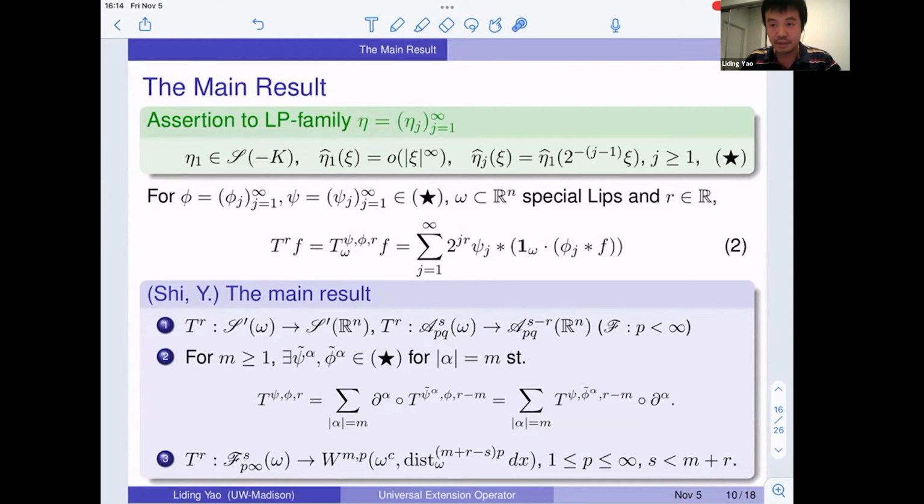And the last one is the smoothing estimate. The quantitative smoothing estimate: we start with a kind of F^s_{p,infinity} space. And then the function TF restricted on the complement of the domain will belong to a certain weighted Sobolev space.